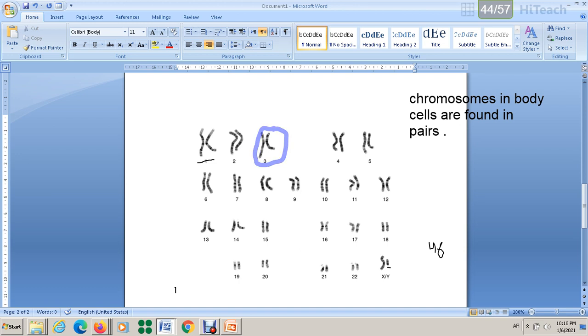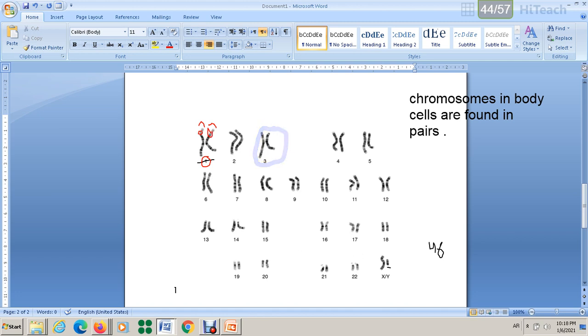Actually, these pairs of chromosomes are carrying the same genetic material. Yani, they are encoding the same thing. What does that mean? If you look at chromosome number 1 and its pair here, each one contains genes, right?